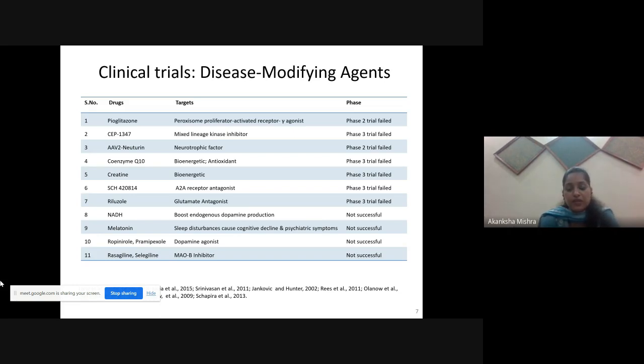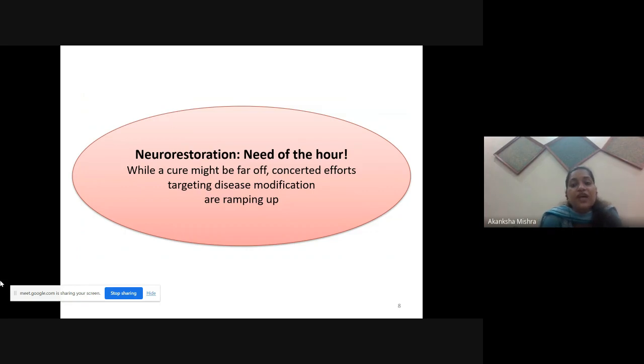So it is the one reason why the whole world is coming together to get the cure of this Parkinson's disease. So what is the need of the hour at present? Because we can see that the number of patients is increasing day by day, but neurorestoration, meaning to regenerate those dopaminergic neurons, is still a dream.